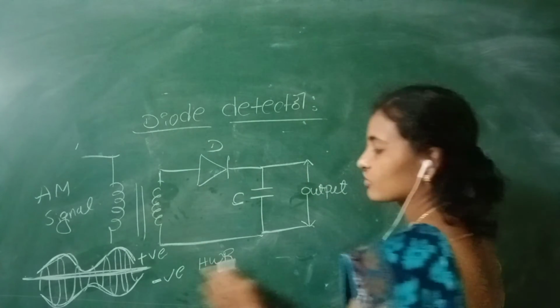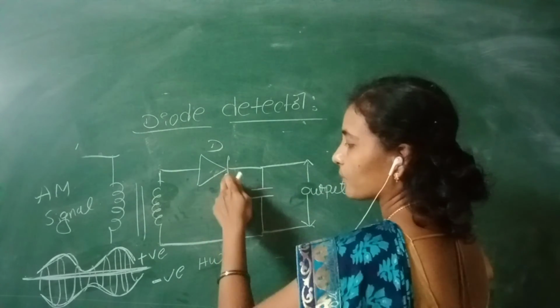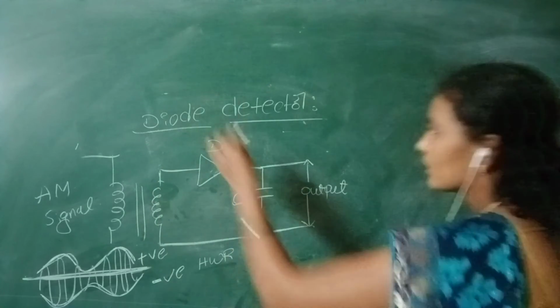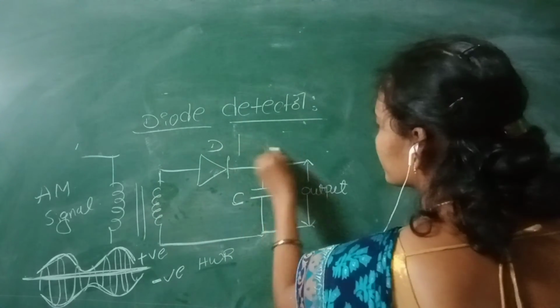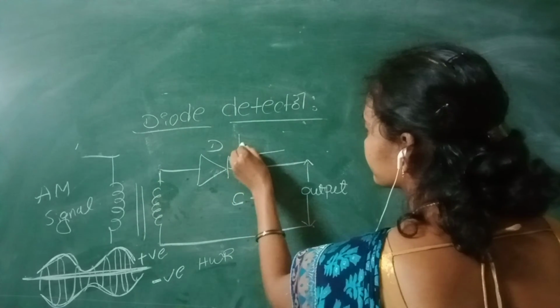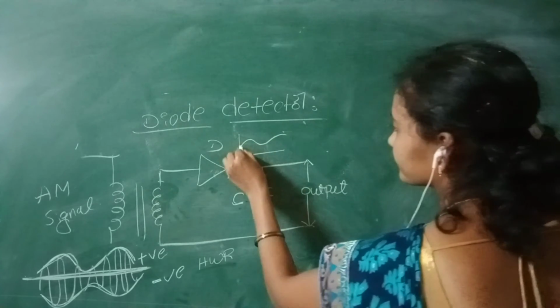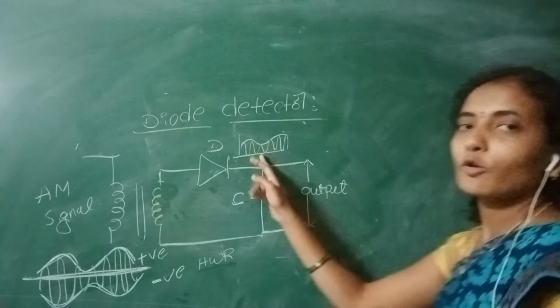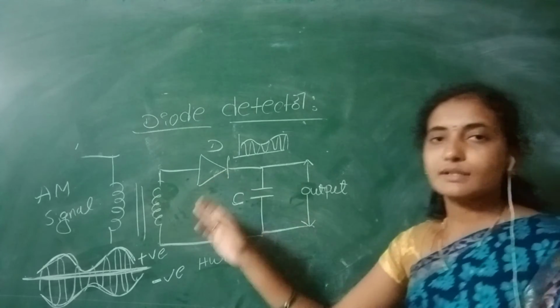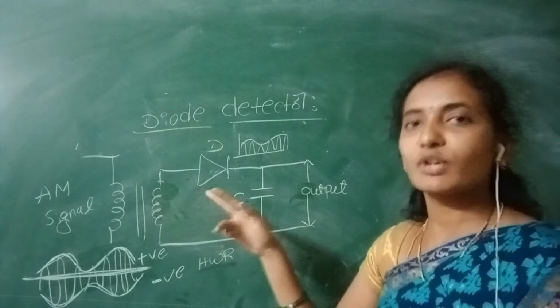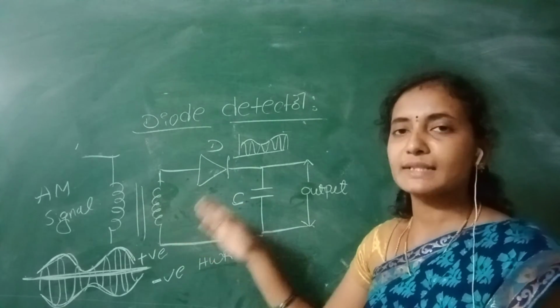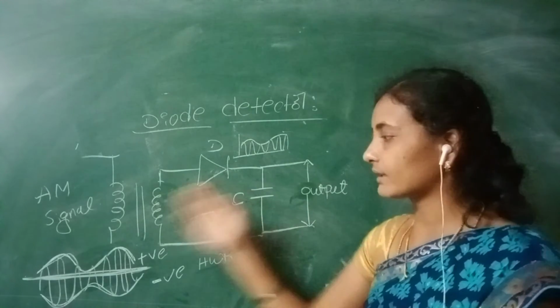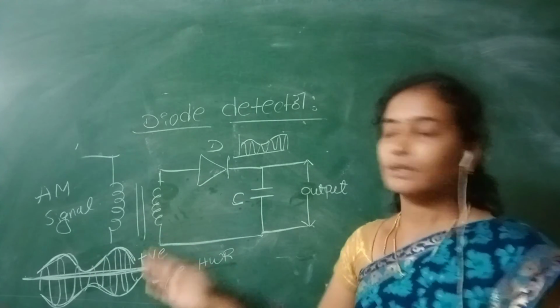According to the operation of the half wave rectifier, it supports only positive cycles. So we can observe the output here like this. This is the output of the diode. We are using only a single diode, so it works for only the positive pulse.